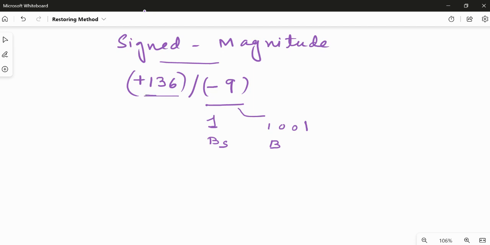Similarly, to represent the first operand, the dividend, in binary, we need a total of 8 bits. So binary of 136 is 1000 1000. And as the number is positive, the sign bit will be a 0.